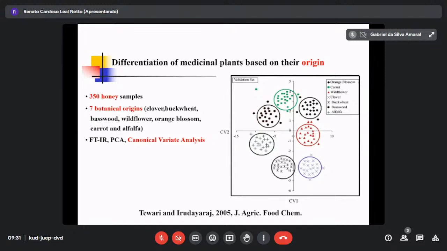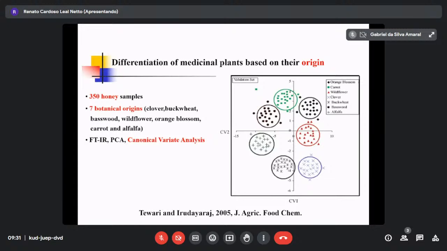You can clearly see which one is correlated. This honey is related to carrot. Why? Because in honey, there are two factors: the honey is influenced by the metabolome of plant one. Two metabolomic data, honey and plant, you correlate them, and you can classify based on this.